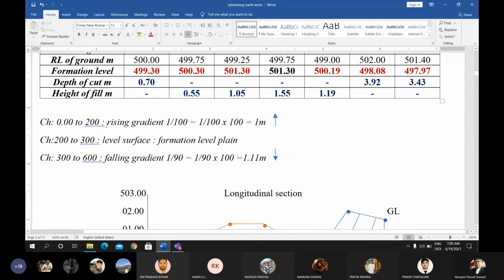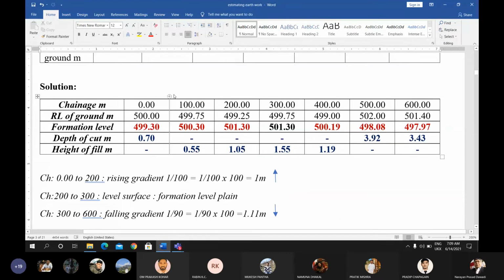Now from the question, from chainage 0 to 200 meter, there is a rising gradient of 1 in 100. If you travel 100 meter from 0 to 100 meter, there is a rise of formation level of 1 meter, because the rising gradient is given as 1 in 100. 1 in 100 into the distance from 0 to 100 meter, which is 100, so 1 meter must rise.